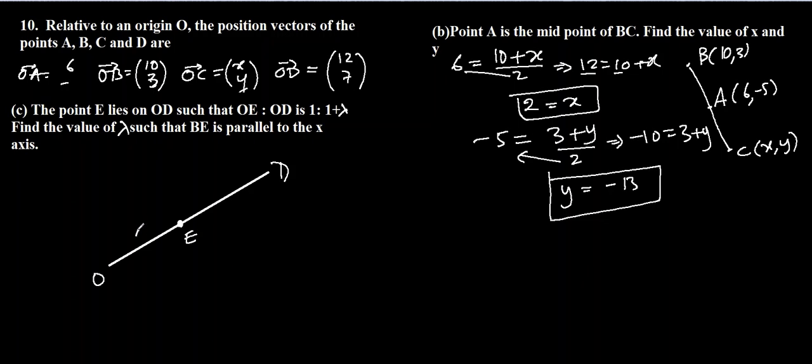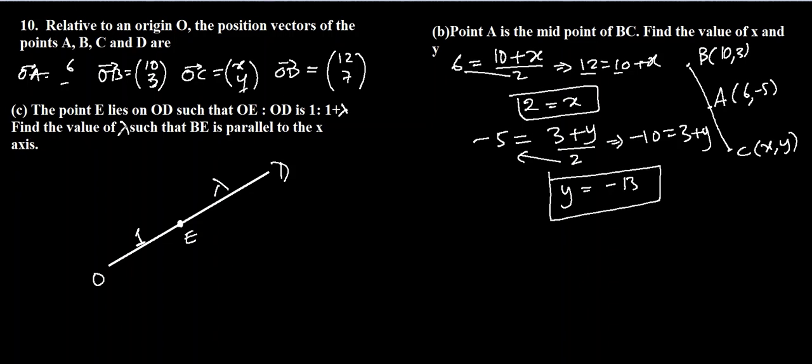So OE is 1 and the whole thing is 1 plus lambda. That means ED is lambda. That's how it becomes 1 plus lambda, right? OD as a whole.